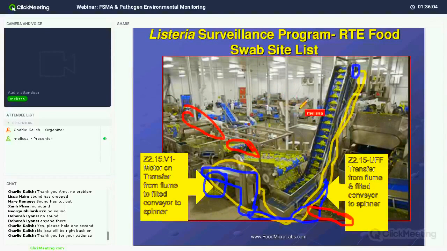And even in that same room, I'm going to do my routine wide zone 3 swabbing. If there's a drain line over here somewhere, I'm going to swab the beginning and end of each of those drain lines and composite them for my wide surveillance. And then if I get a positive on my composite, I'm going to go back and vector sample this end of the floor drain, over here this end, maybe the middle underneath the flume.